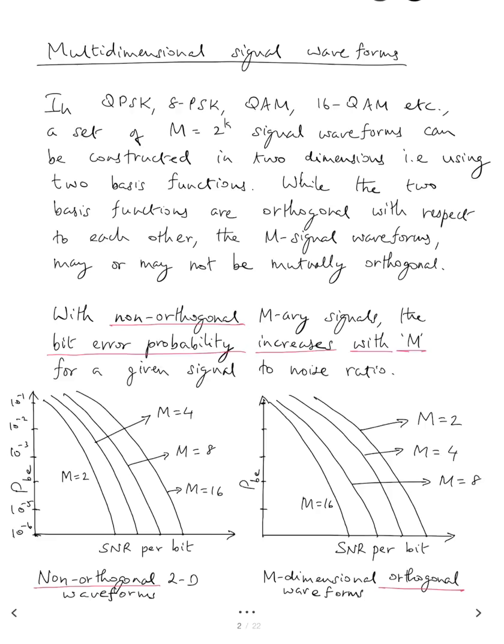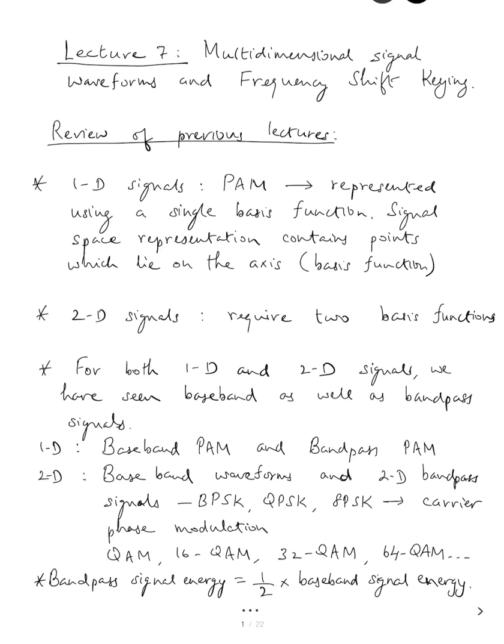But what we notice is, if we have waveforms which are non-orthogonal, as in the case of the two-dimensional signals, for example 8 PSK, 32 QAM or 64 QAM, there are 8, 32 or 64 different signals, but they are in the two-dimensional space, so they are not all orthogonal to each other.